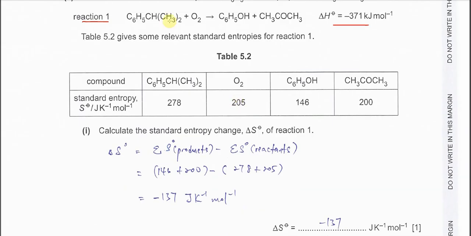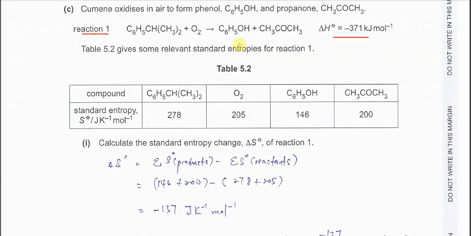Based on the equation and the molar entropies given, you need to calculate the standard entropy change for reaction 1. Just remember, use the entropy of the products minus the total entropy of the reactants. You just take the values from the table.